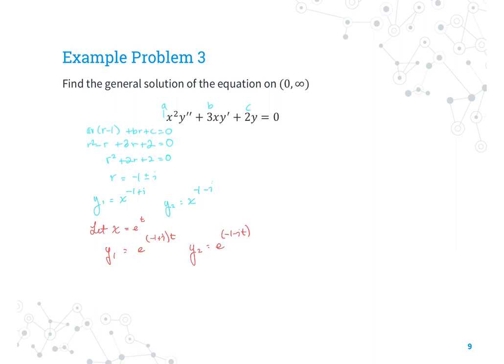We know exactly how, right, to transform these into sines and cosines. So that tells us, oh, well, in this case, we get y equaling e to the -t times c1 cosine t plus c2 sine t.